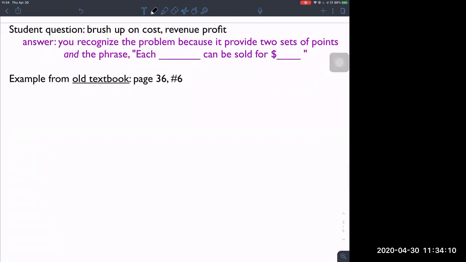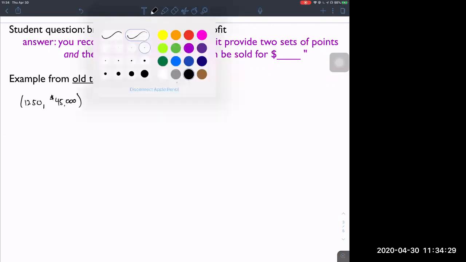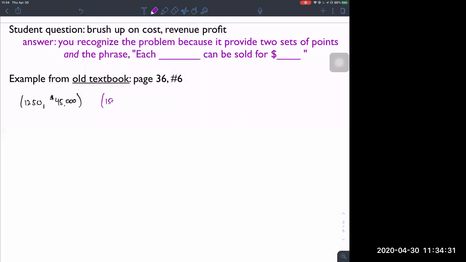So they told you that the cost of producing 1,250 units costs $45,000, and that the cost of producing 1,500 units is $50,000. Now here's the thing: you all need to be able to define the points like this.